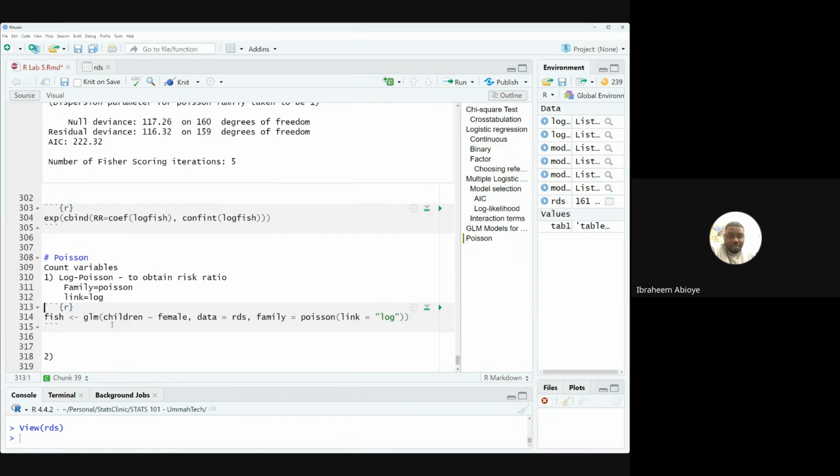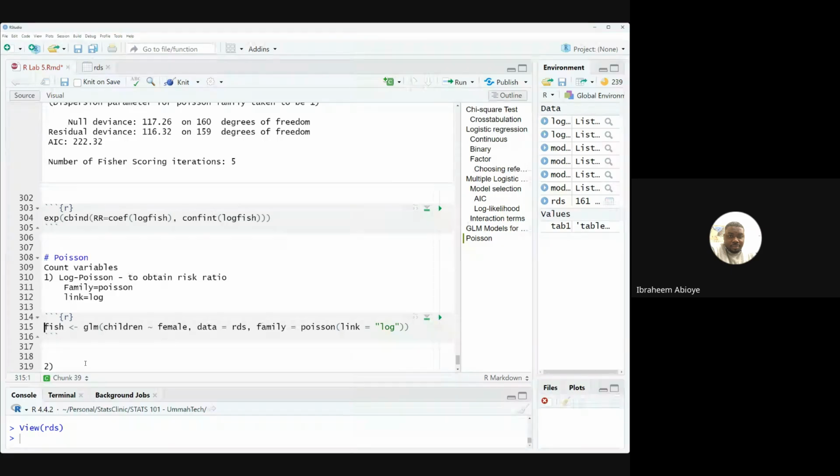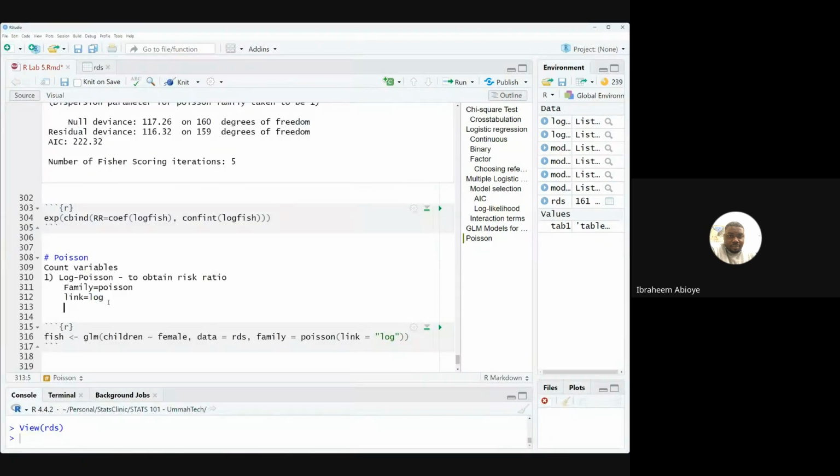What we're basically saying in this case is that the outcome that we obtain will be expressed in risk ratio. That's very important.